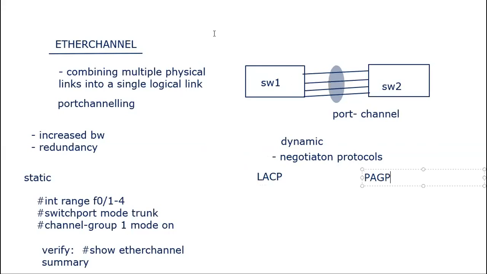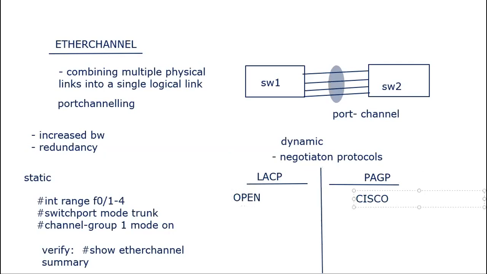Let's see what are the differences between them. LACP is an open standard protocol, whereas PAgP is a Cisco proprietary protocol. So LACP can work with different vendor switches, but PAgP works only between Cisco devices, only Cisco switches.